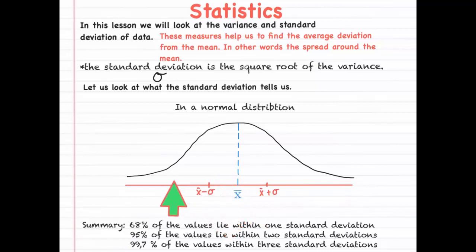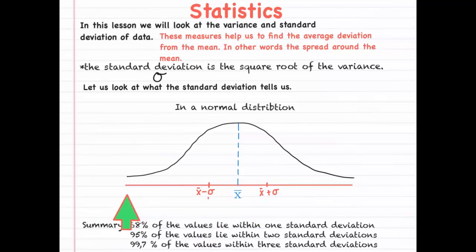Now, when this is a normal distribution, we actually know very important information now, that 68% of all the values in our data sample lie within one standard deviation. In other words, 68% of our numbers will fall within that range there, okay? So I'll show you again in red.